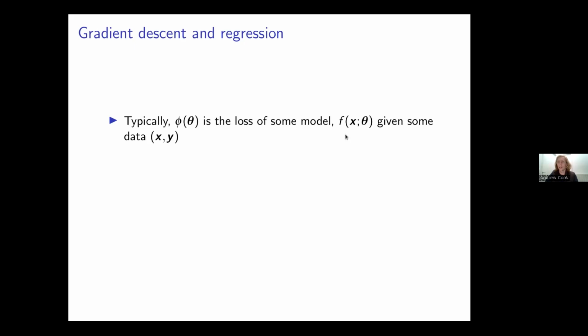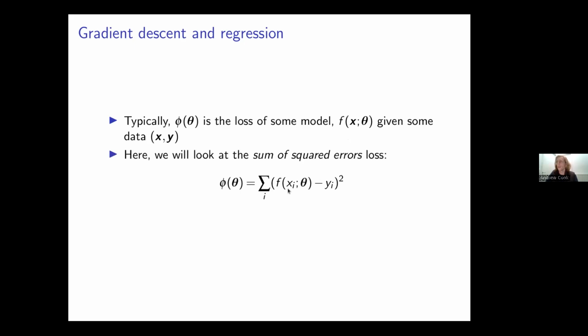With data X and Y, like I had before, each pair Xi, Yi is just one data point. You apply your model to Xi to get a prediction and take the difference between that and your true value Yi, which gives you how far your prediction was from the true value. Then you take the sum of those squared errors, and that gives you an objective function, which you can then minimize using gradient descent.